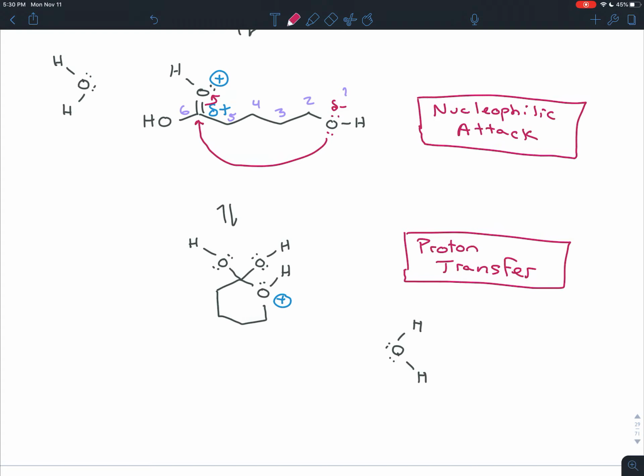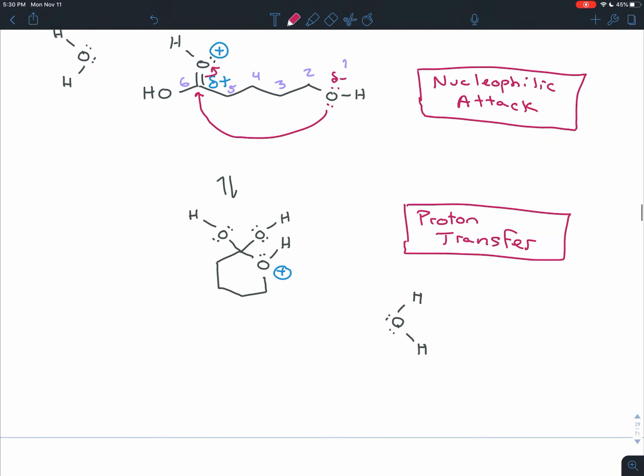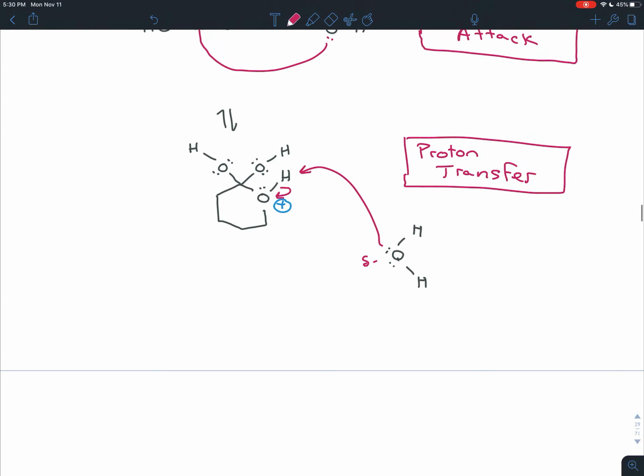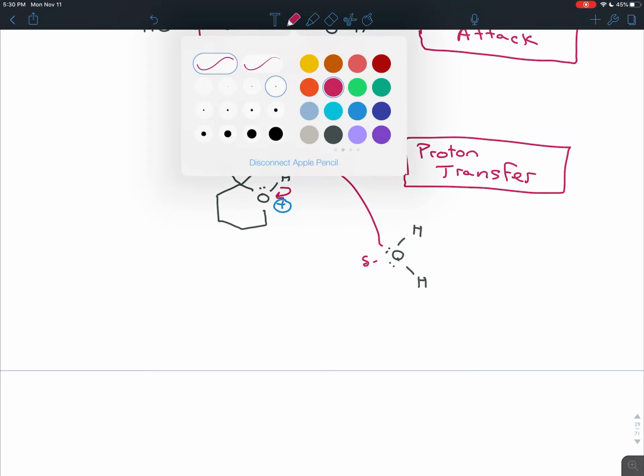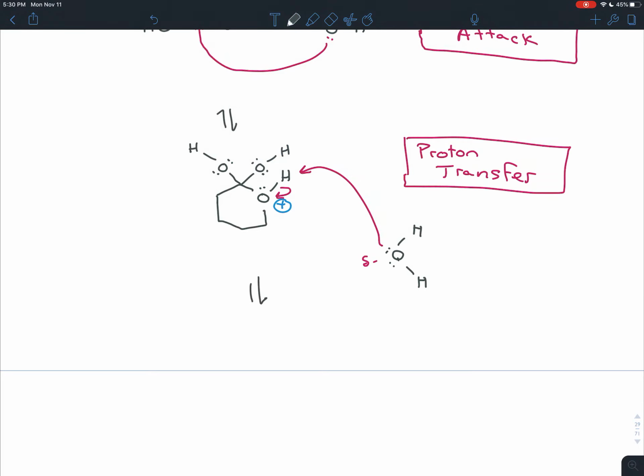Now sometimes it comes undone before that, acting as a leaving group before the reaction proceeds. This exists at an equilibrium, so it's constantly being formed and breaking apart. But sometimes before it breaks apart, a slightly negative oxygen on a water in the solution will steal the slightly positive hydrogen. The electrons will snap onto that oxygen to stabilize it, and we'll get a stable tetrahedral intermediate.